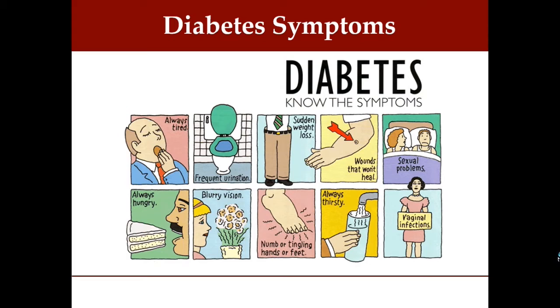You may notice a sudden weight loss that's sort of unexplained, poor wound healing. Men may experience some erectile dysfunction issues. They may feel hungry often, very thirsty often. Sometimes there are some vision problems, numbness or tingling in the hands or feet, and recurrent vaginal infections, specifically yeast infections, are very common in women.